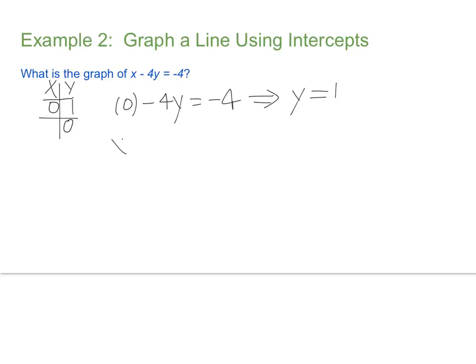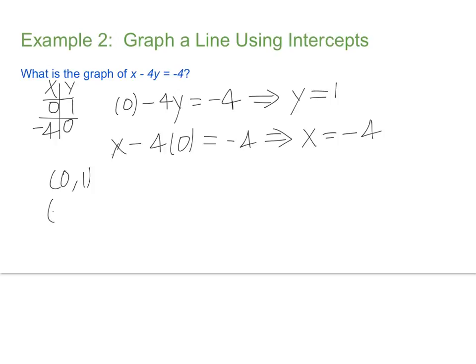When y equals 0, I get x minus 4 times 0 equals negative 4. But that just becomes x equals negative 4. So I have the ordered pair (0, negative 4). Excuse me, (negative 4, 0). So (0, 1) and (negative 4, 0).